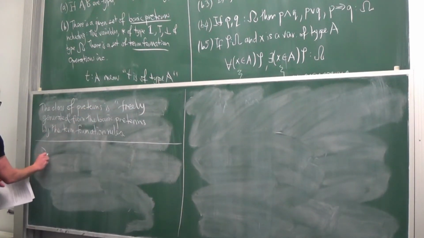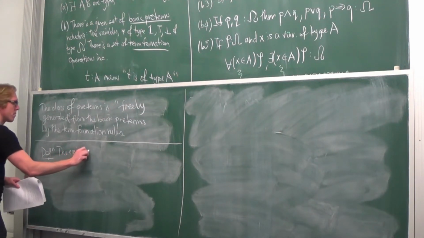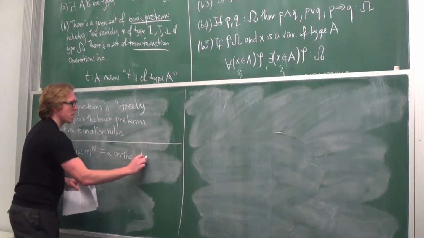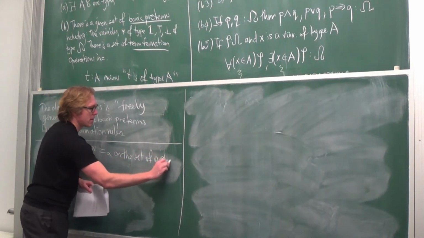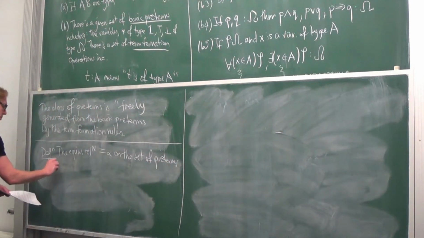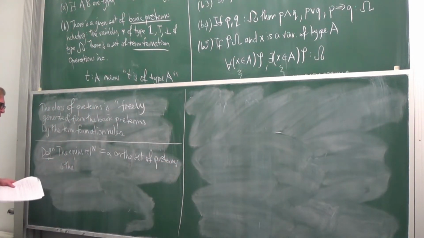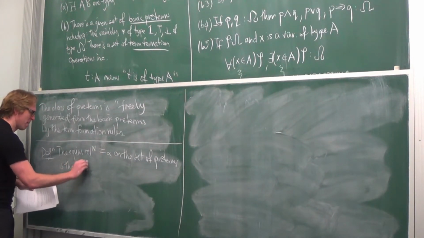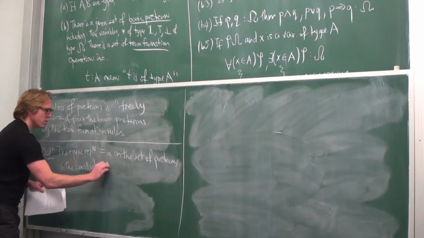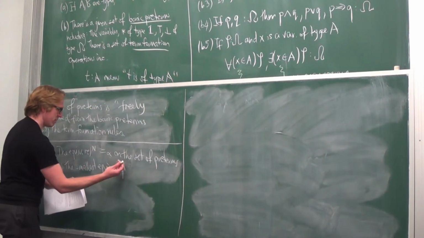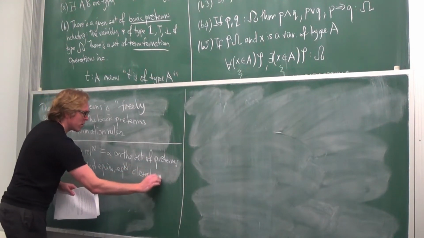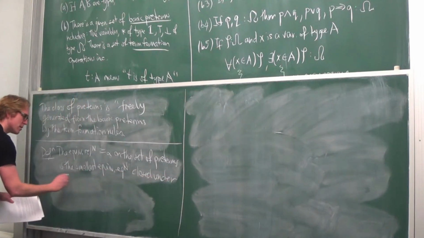Okay, definition. Alpha equivalence is the equivalence relation on the set of preterms, which is the smallest equivalence relation closed under all term formation operations.